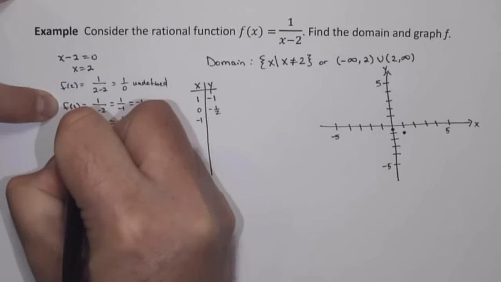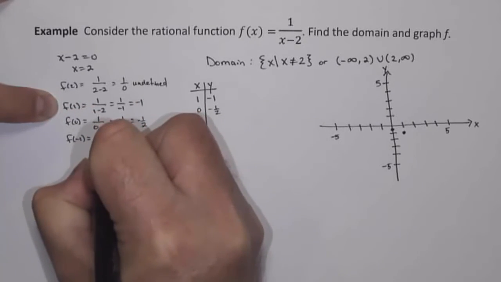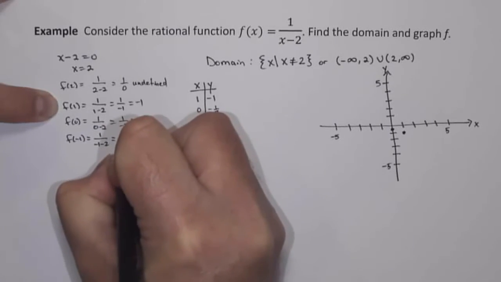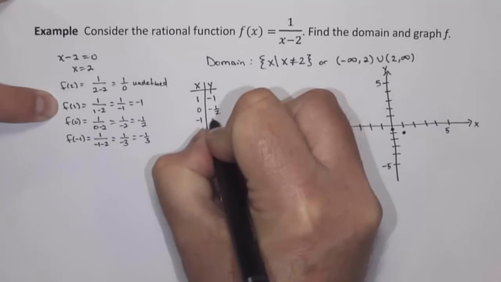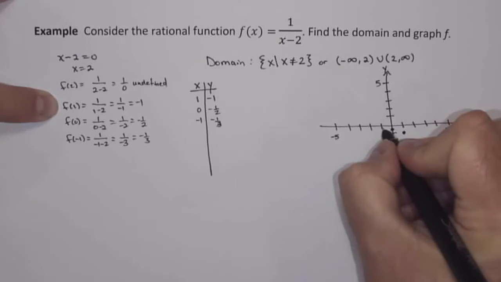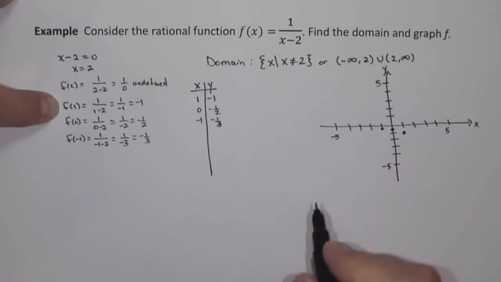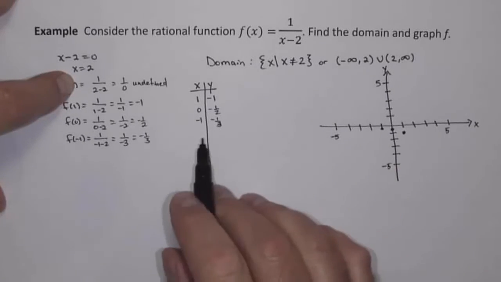Then if I find f of negative 1, then I would get 1 over negative 1 minus 2. Negative 1 minus 2 is negative 3, so I have 1 over negative 3, which is negative 1/3. So I have the point negative 1, negative 1/3, which is here. And so on. I could continue to substitute values for x.